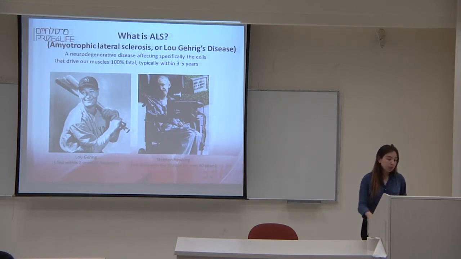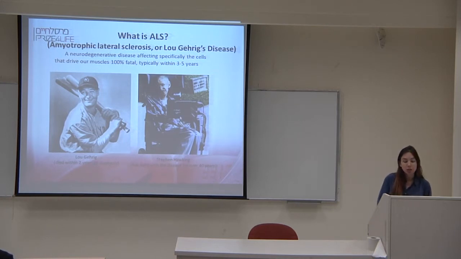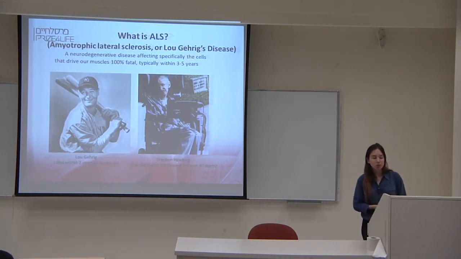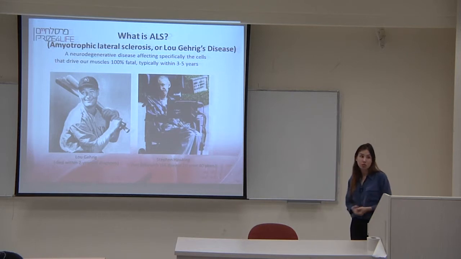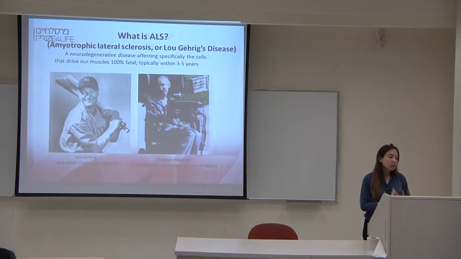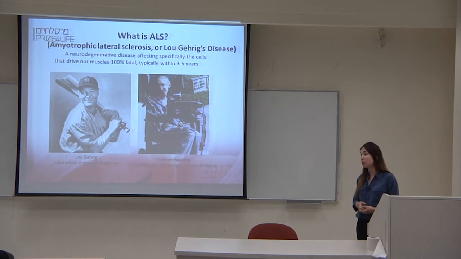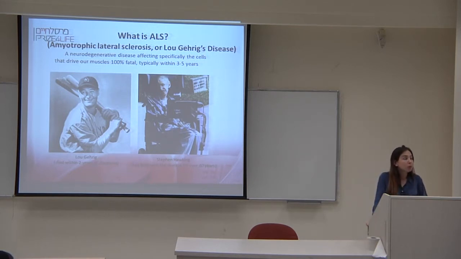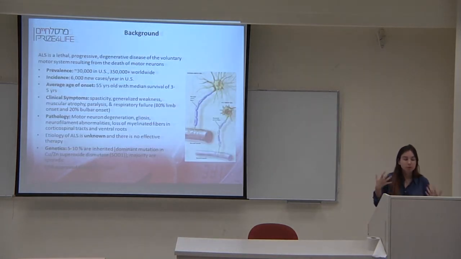The second, or maybe by now the most famous ALS patient, is Stephen Hawking, the British physicist, and he has been living with ALS for over 50 years now. Somewhere in this range lie all of the ALS patients in the world. That tells you already something about the disease, and that's that it's very heterogeneous. This is something that you see in all neurodegenerative diseases, and this is something that we want to understand because we want to solve it.